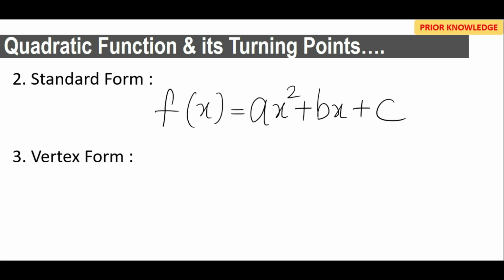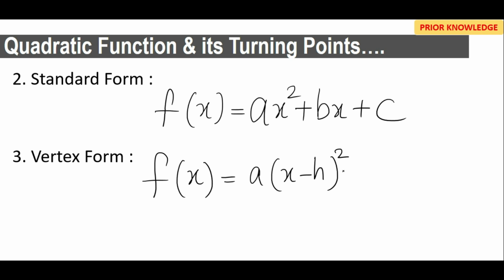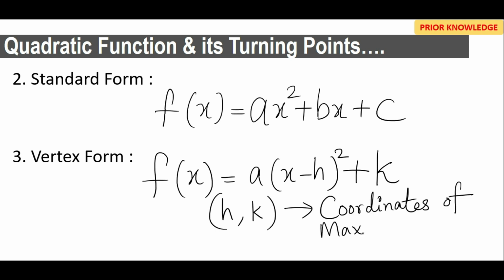The vertex form, which is f of x equal to a times x minus h the whole square plus k. Now what is h and k? H and k stand for the coordinates of the turning point. So it can be either a maximum point or a minimum point.